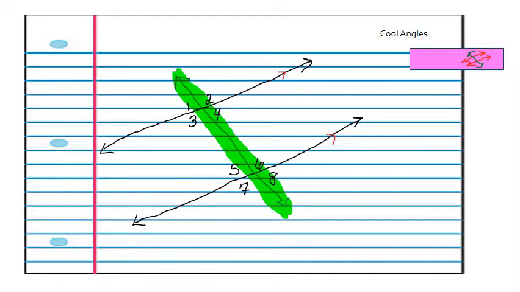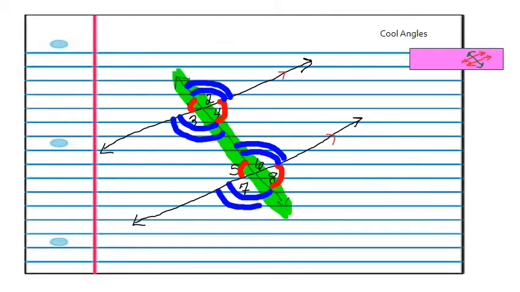Because of our vertical angles, we've got these congruencies that are happening, and I'm just going to change the colors up a little bit so you can see them better. And using those vertical angles, there are some other cool properties that happen with parallel lines in the relationship within the angles.